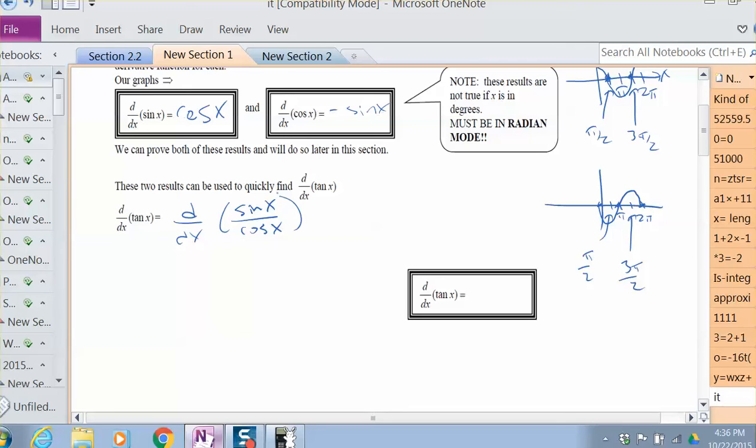Now, I'm going to have to use the quotient rule.